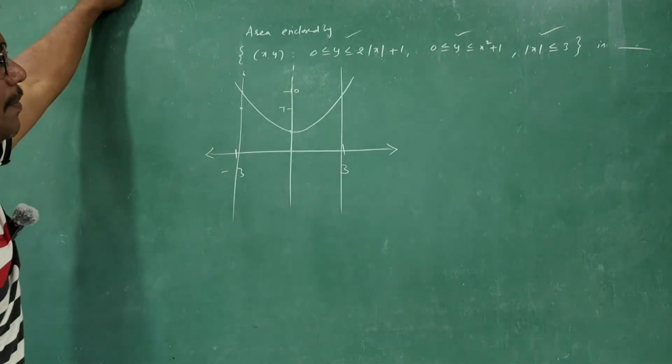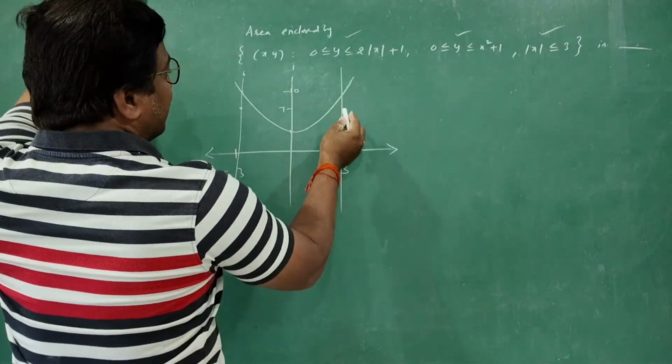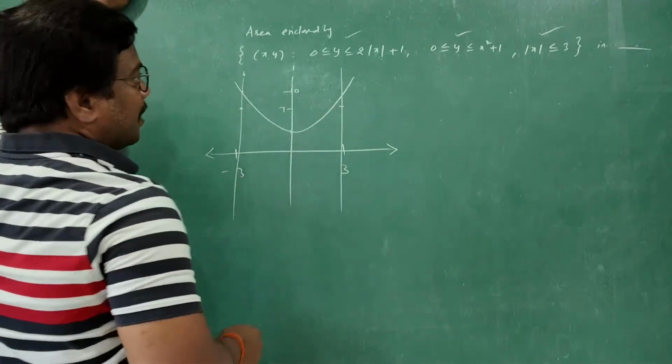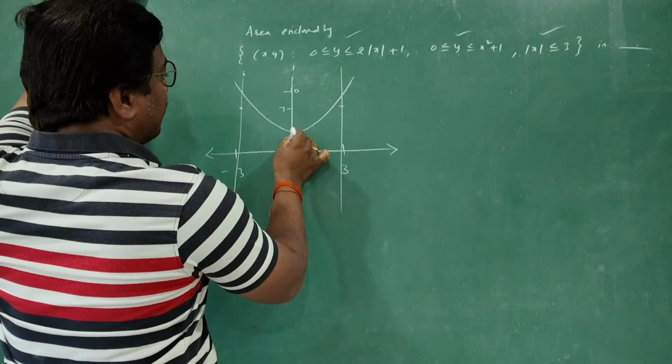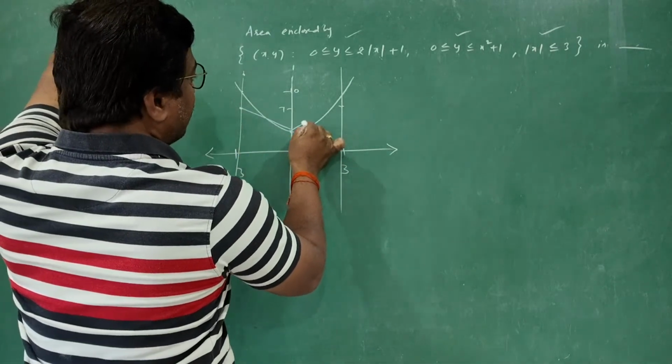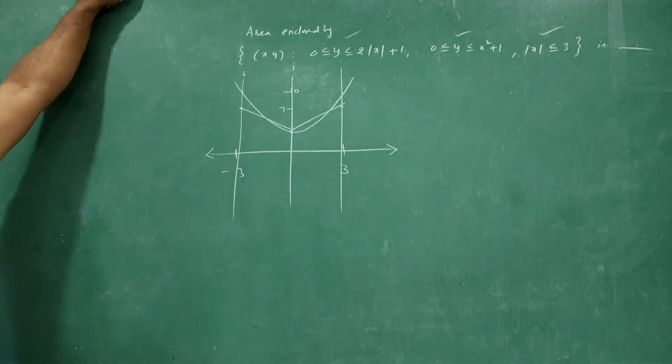Next, when you write 3 also it is 7. When you write 0, it is 1 here. So you will get the graph in this way.